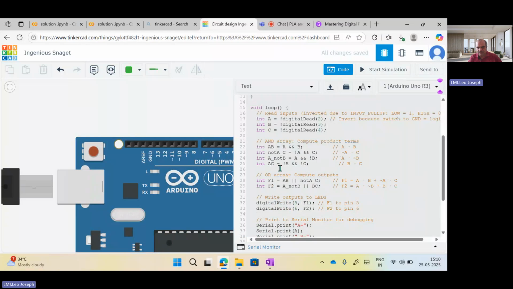So I will put one cap symbol over this. So A bar and C bar. This is A bar, and then C bar is not coming. So I have to do one small trick here.